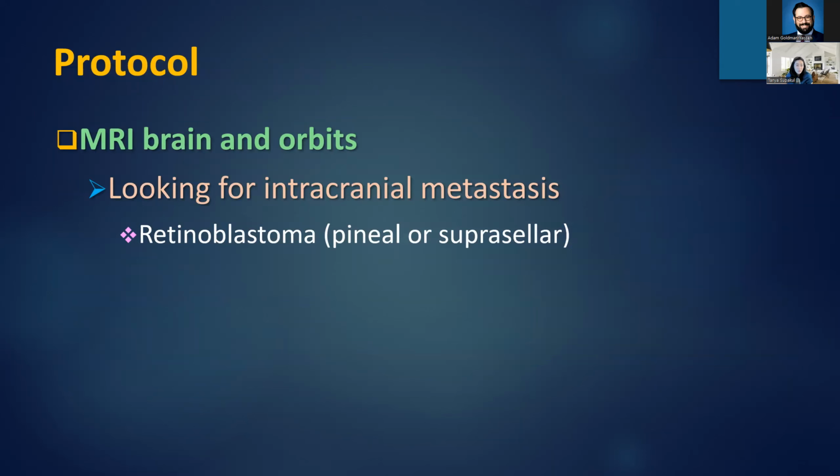So for our protocol at Riley Children's Hospital, we normally do brain and orbits together every time. The reason is because we want to look for any intracranial metastasis. For retinoblastoma, we're checking for pineal and suprasellar metastasis.